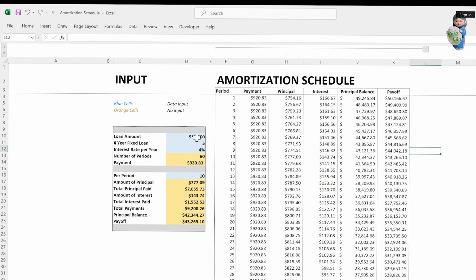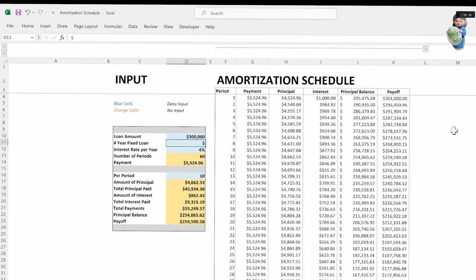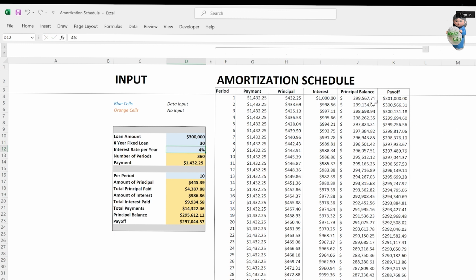Now let's try something higher, for example, a mortgage loan. What if I do 300,000 and a 30-year fixed loan? Again, keep it at 4%, 360 payments. My monthly payment is 1,432.